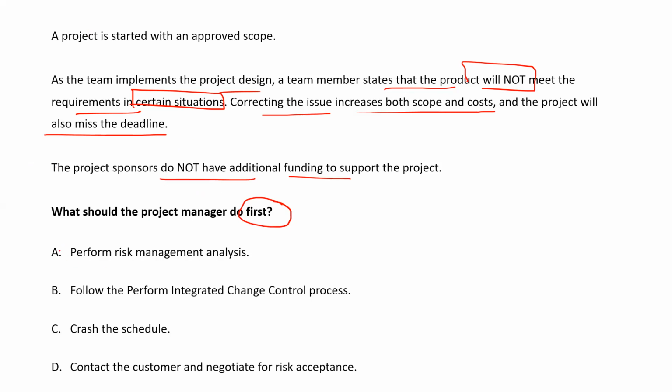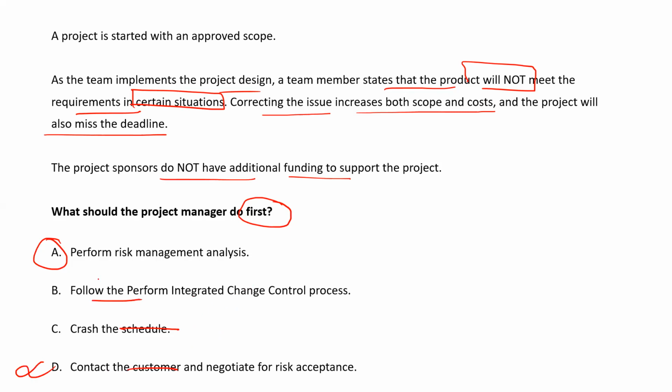Yes, we will perform the risk management analysis before taking any action to find out how much risk is involved. The question was not about a schedule, so that is not related. Contact the customer, so you will bypass the sponsor. Is it possible? The sponsor will throw you out directly.